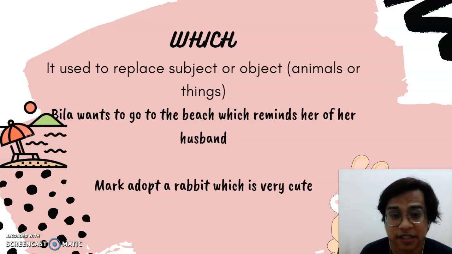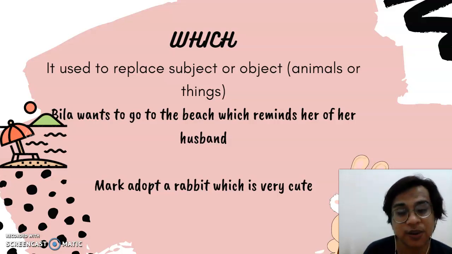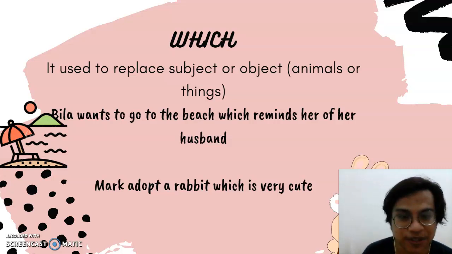So in the first sentence, it talks about the beach, so we use which as the relative pronoun. And the second sentence is, Mark adopted a rabbit which is very cute.